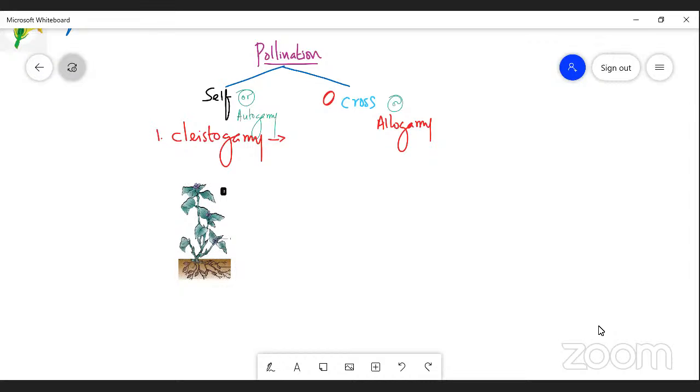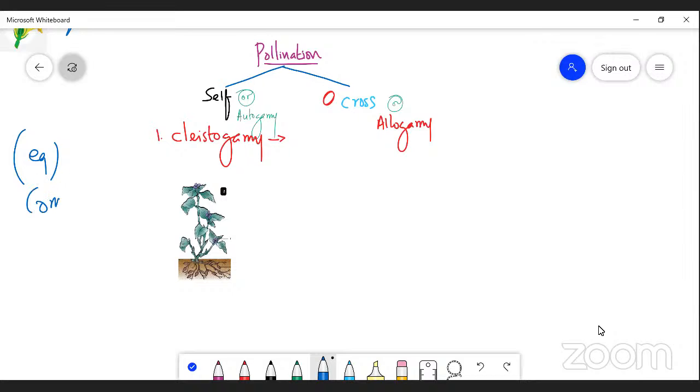Actually, clistogamous can be explained by a commonly known family, right? I'd like to give an example, a commonly known family, and one more category I'd like to give, that is Oxalis. In Oxalis members, you can see clistogamy.